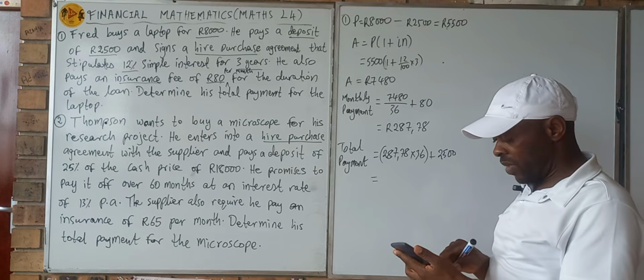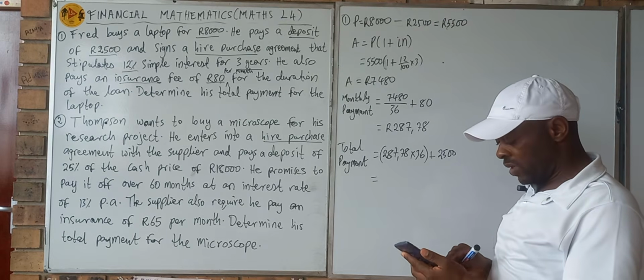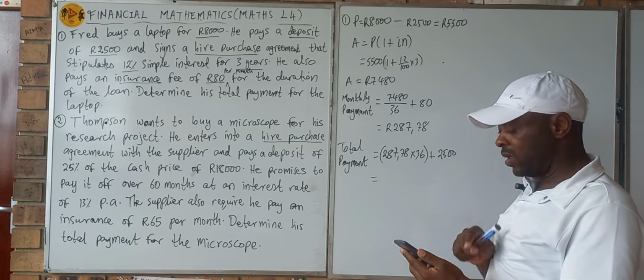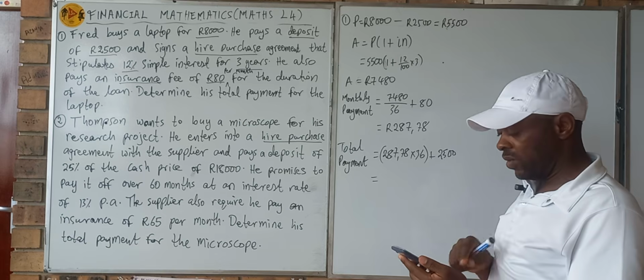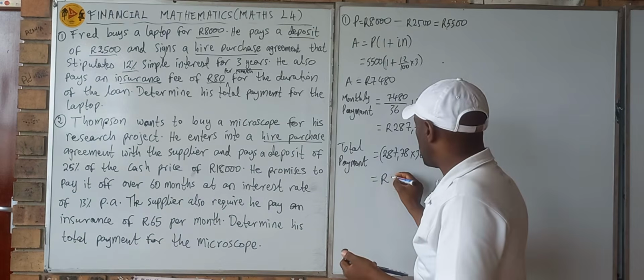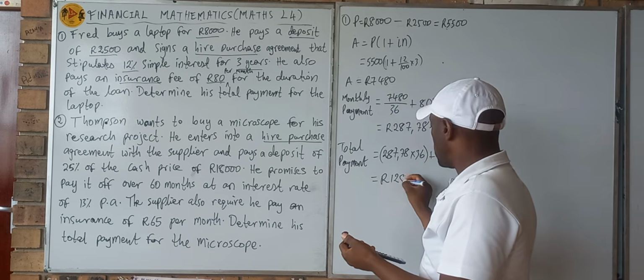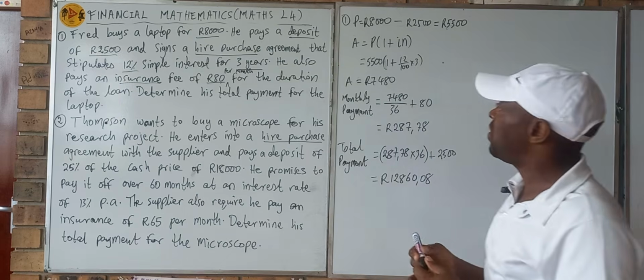So I would take 287.78 times 36, since it's been paid over 36 months. Then I add 2,500 to it. Then I'll see the total amount paid for that laptop. So the total amount is 12,860.08. So this is the total payment for the laptop.